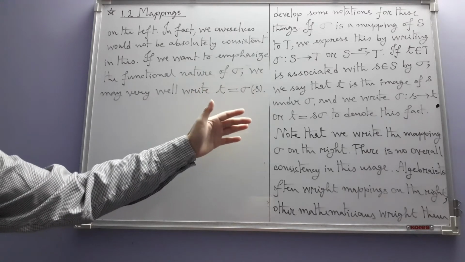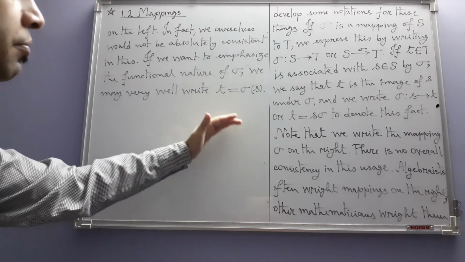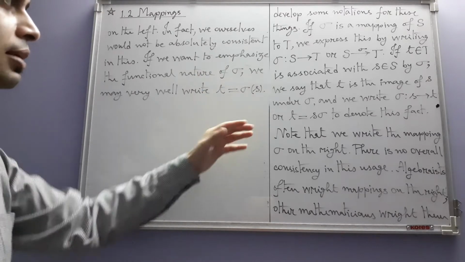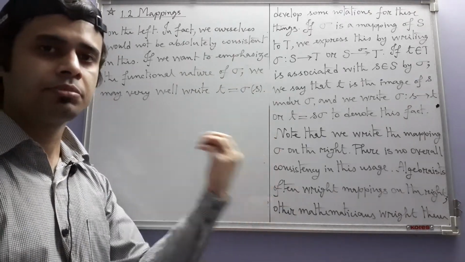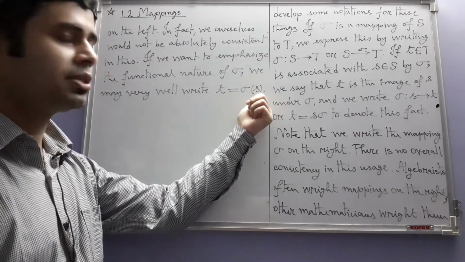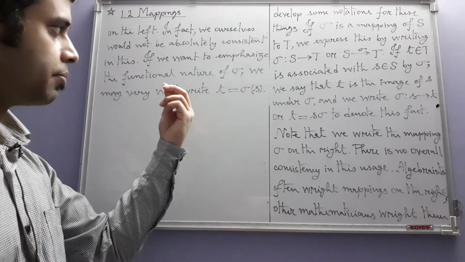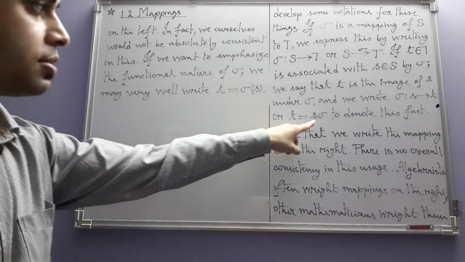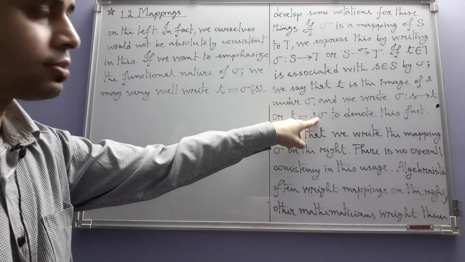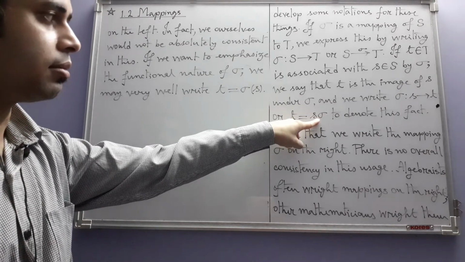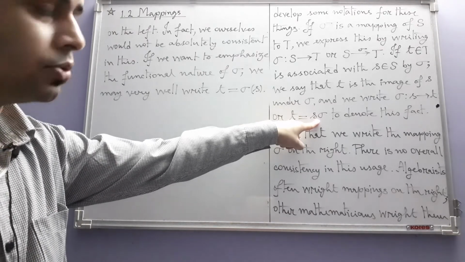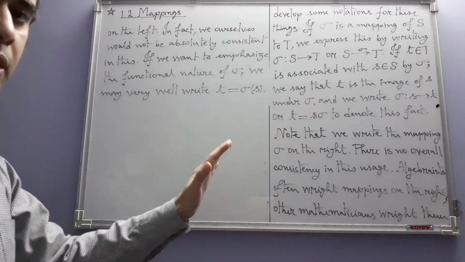That's what we mean by the functional nature of sigma. Sometimes we will emphasize that sigma is a function which gives us something when we feed something into it. To emphasize that fact, sometimes we will write like this instead of like this, but in fact this is how we will write mappings most of the times in this book, and the reasons will become clear.